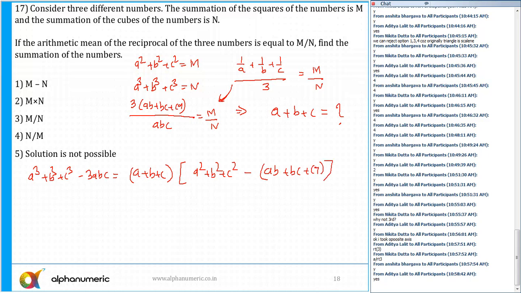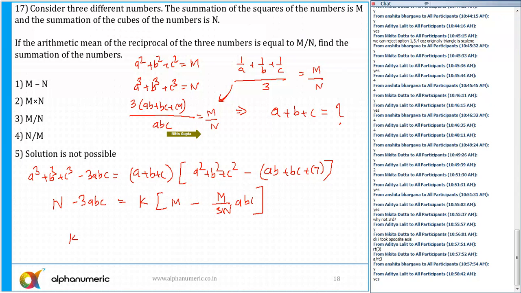So A cube plus B cube plus C cube is equal to N minus 3ABC. Let's say A plus B plus C is equal to K. This is M minus AB plus BC plus CA, that is equal to M by N upon 3, so minus M by 3N times ABC.